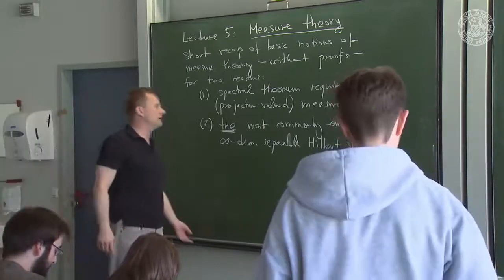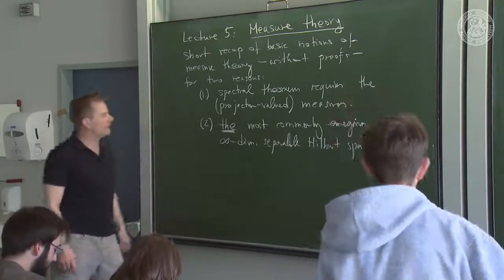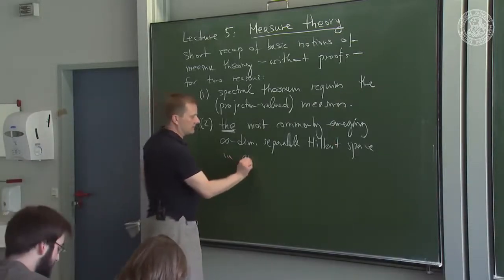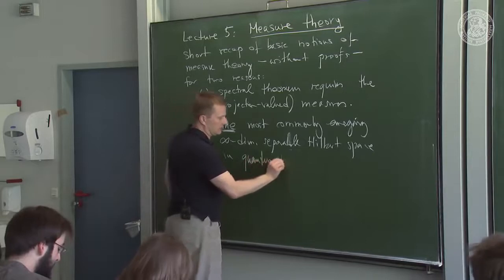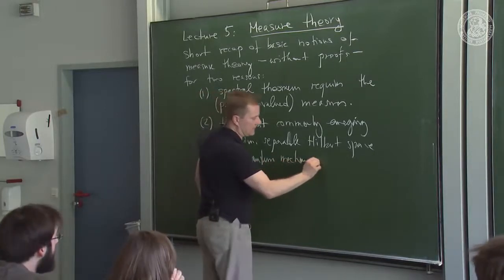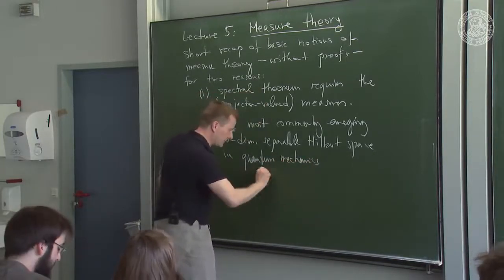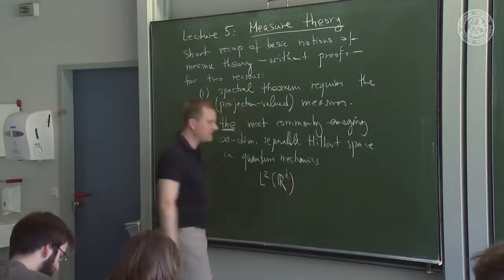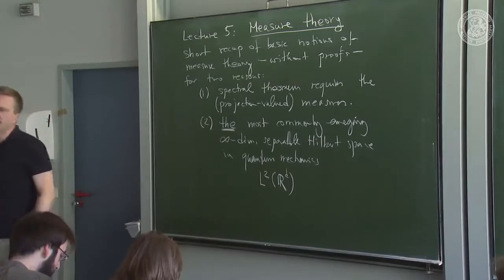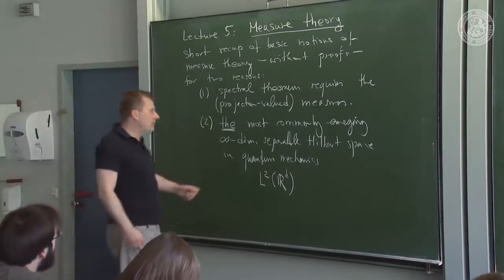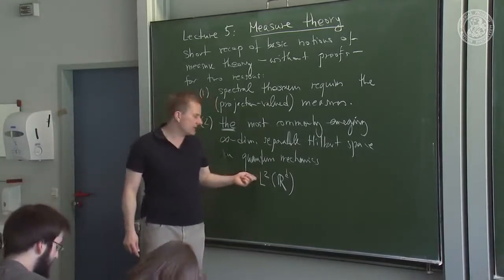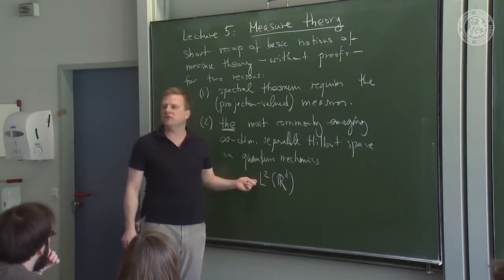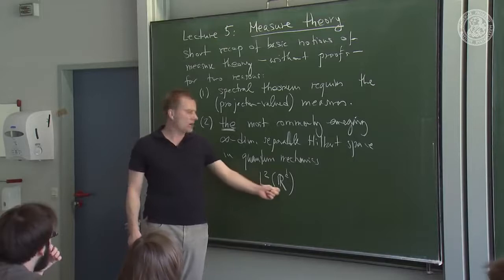The most commonly emerging infinite dimensional separable Hilbert space in quantum mechanics is the Hilbert space L2 on some Rd, often d equals 3. And informally speaking, but it's not entirely correct, these are all square integrable functions on Rd.